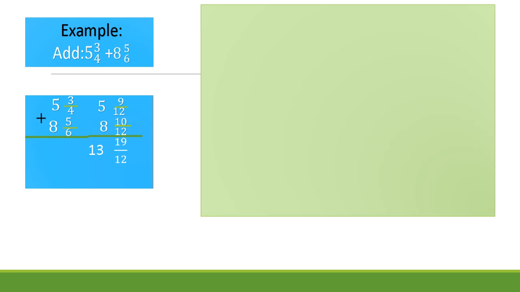Now, following the steps in adding mixed numbers with similar fractions, we add the numerators 9 and 10, that is 19. Then copy the same denominator, 12. Then add the whole numbers, 5 plus 8 equals 13.